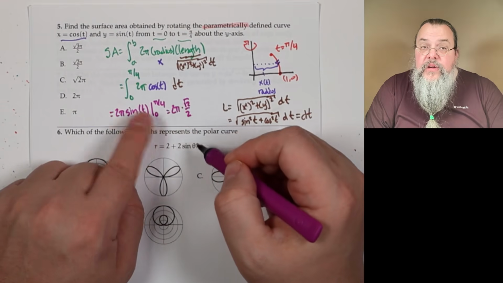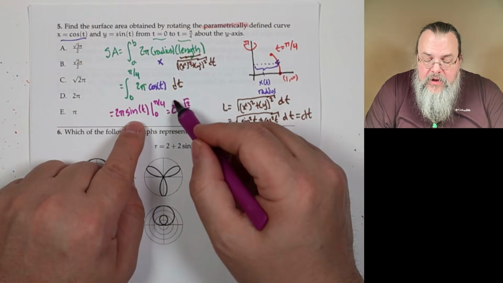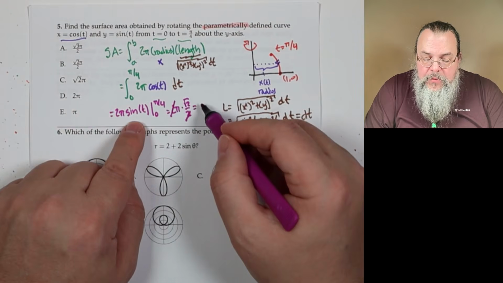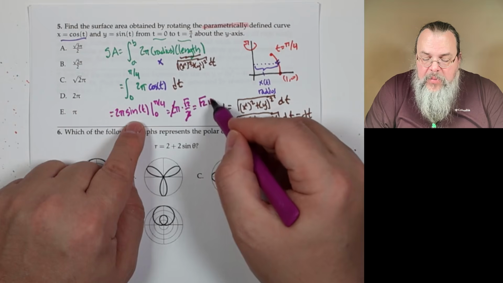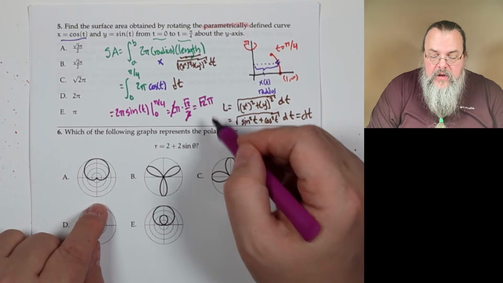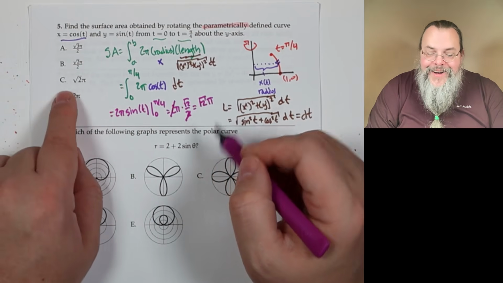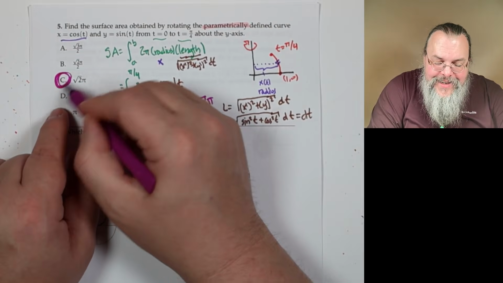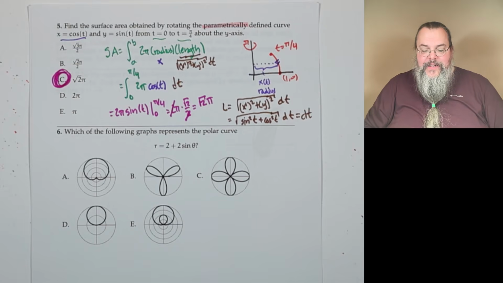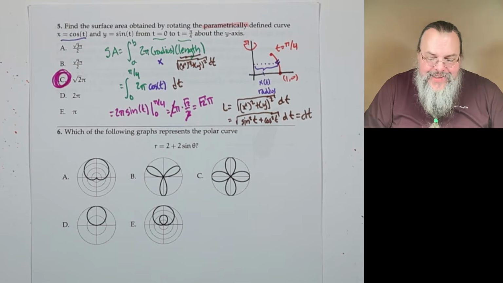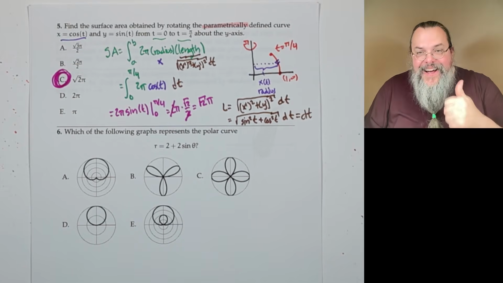And if you plug in 0, you get 0. Oh, well, okay, the 2's cancel. So we should end up with square root of 2 times pi. And see, there we go. All right. Nice. Woohoo.